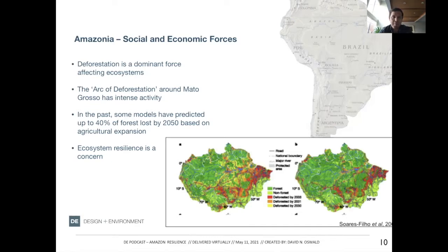Some studies, even going back, suggested that up to 40% loss of the forest by 2050 based on agricultural expansion alone. So you can see there that even in those modeling studies, the press for economic development, agricultural development is directly linked to degradation of these ecosystems, this part of the biosphere.